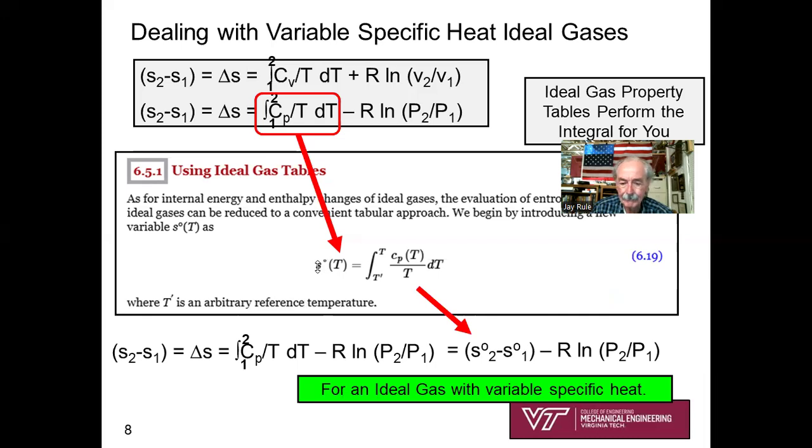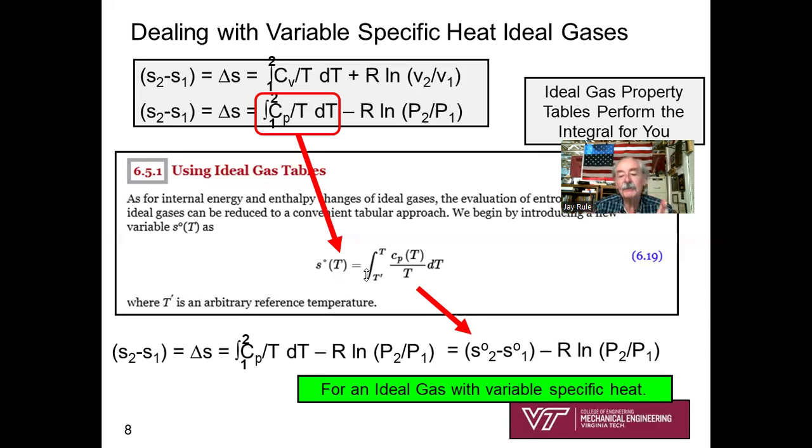Okay, so that's a new property, and it's defined in terms of an integral of Cp as a function of T. So that's not Cp times T. It's Cp as a function of temperature, kind of like a polynomial, divided by T, dT. That's going to be a bear to integrate. That's going to be tough. Integrating from T prime, which is some arbitrary reference temperature, up to our temperature T.